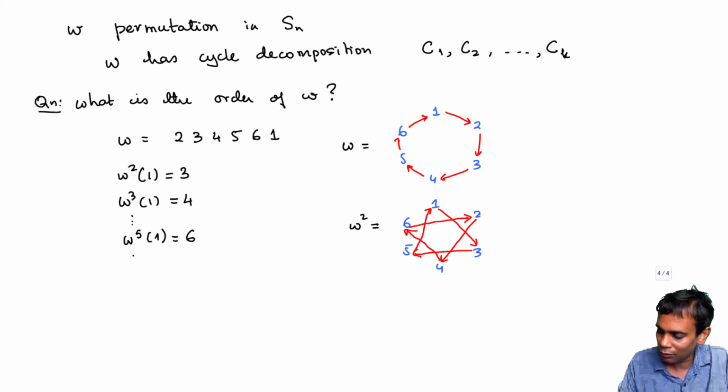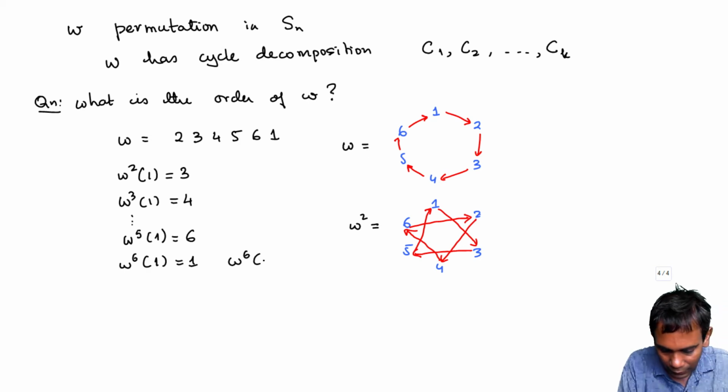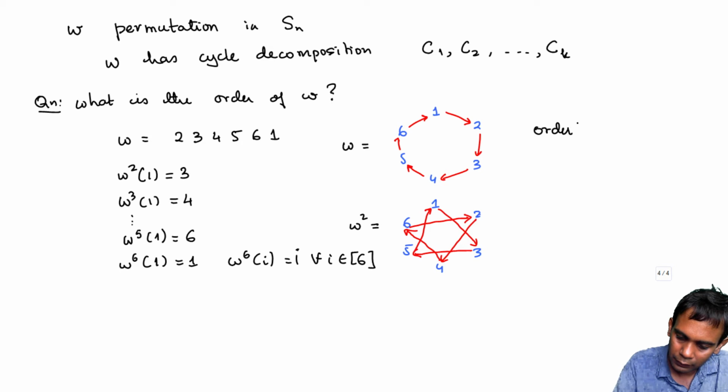But W to the 6 of 1 is 1. And you can check that W to the 6 of i is i for all i between 1 and 6. So the order of W is 6.